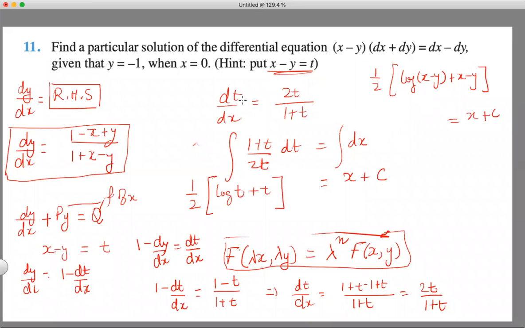Okay, now let's just put x is equal to 0 and y is equal to minus 1. Okay, so ये हो गया हमारा log 1 plus 0 plus 1 is equal to 0 plus c. So this is 0, this is 0, so c is equal to half.